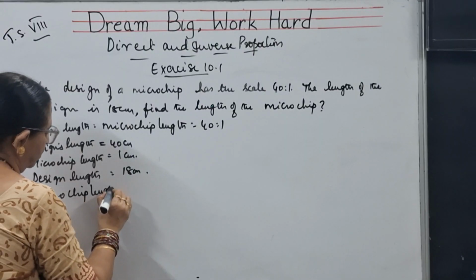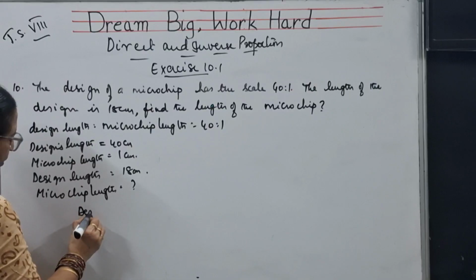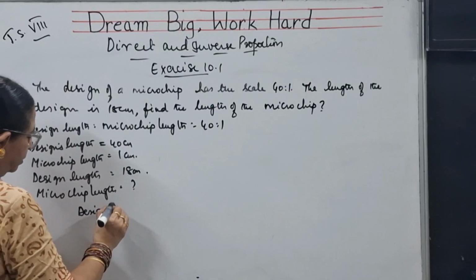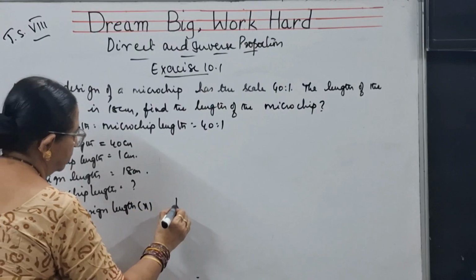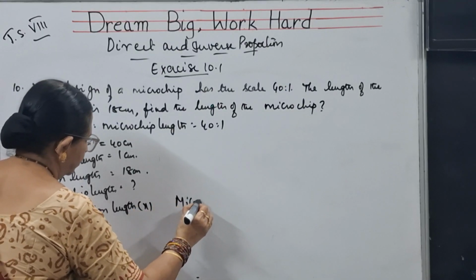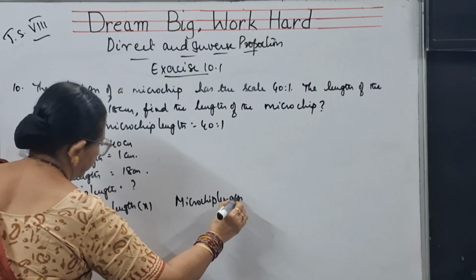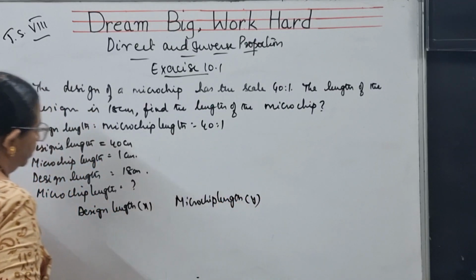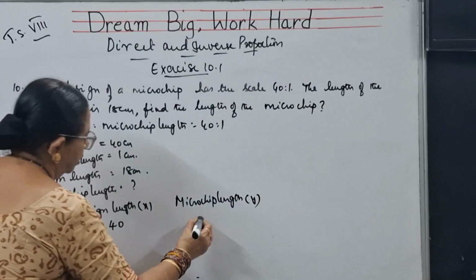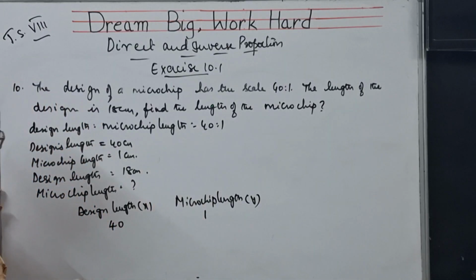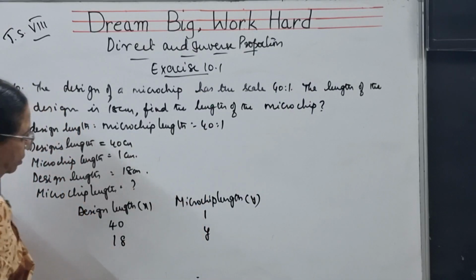Microchip length is how much is the question. So we will be taking design length as x, microchip length as y. So if design length is 40 centimeters, microchip length is 1 centimeter. If it is 80 centimeters, it is y centimeters.